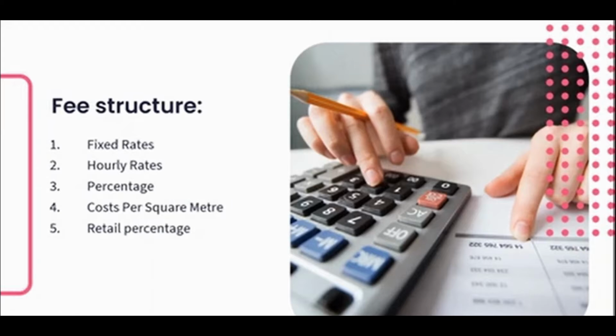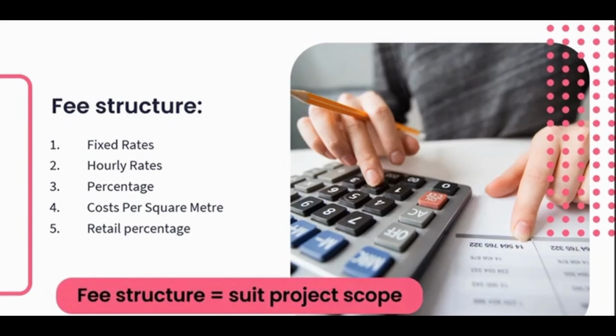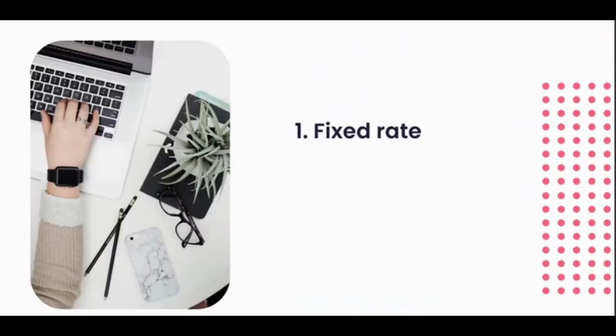So the way you structure your payment options is obviously totally up to you, but you could use a combination of two. So for example, I work with either option 1, a fixed rate structure, or option number 4, cost per square meter. I explain this to the client up front and then obviously let them decide if they would like to go with either A or B or C or D or whatever choice you've chosen for that specific project type.